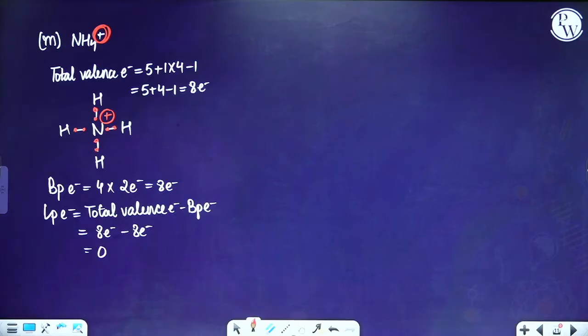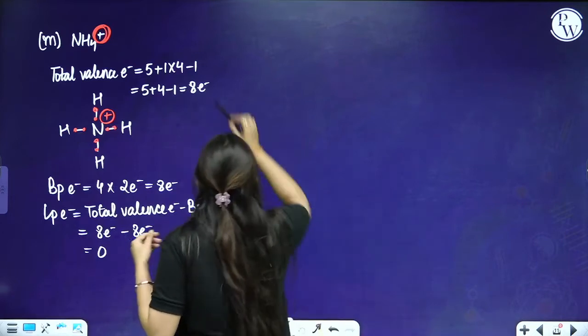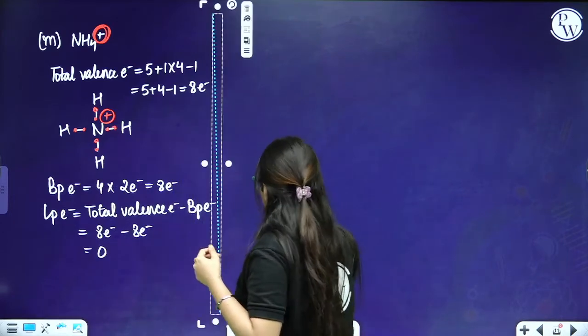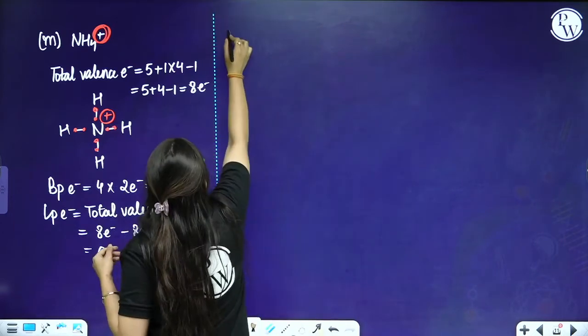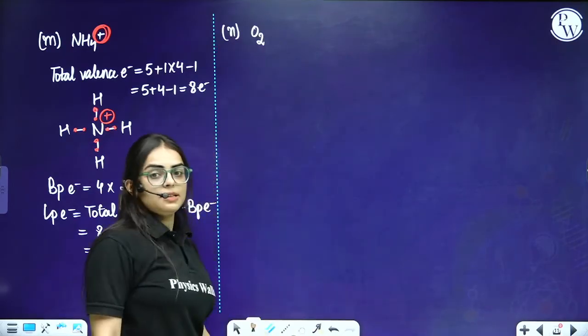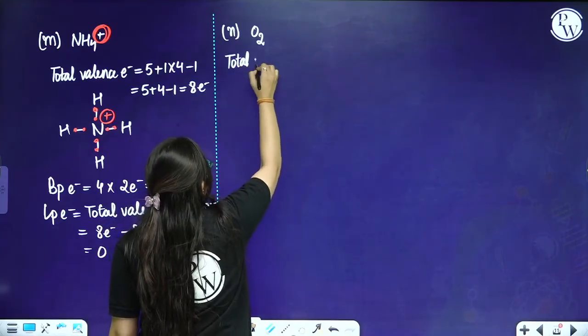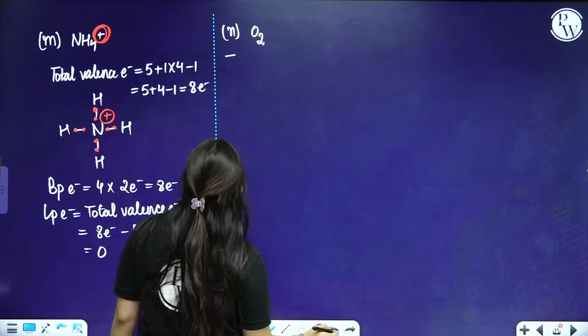Yes, everybody, be fast. Now starting with the next part, the N part, which is the O2 molecule. Let us calculate total valence electrons.